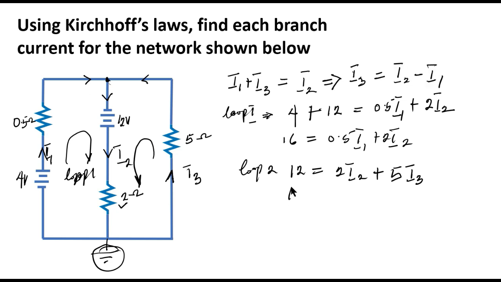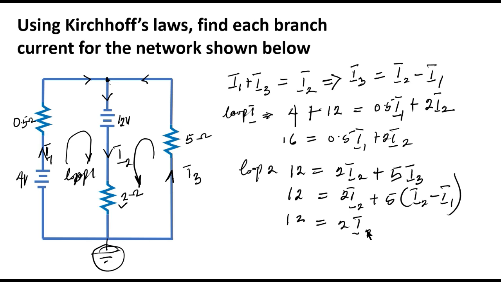So from loop 2, I can conclude that 12 is equal to 2 I2 plus 5 into I2 minus I1. So that 12 will be the same thing as 2 I2 plus 5 I2 minus 5 I1.